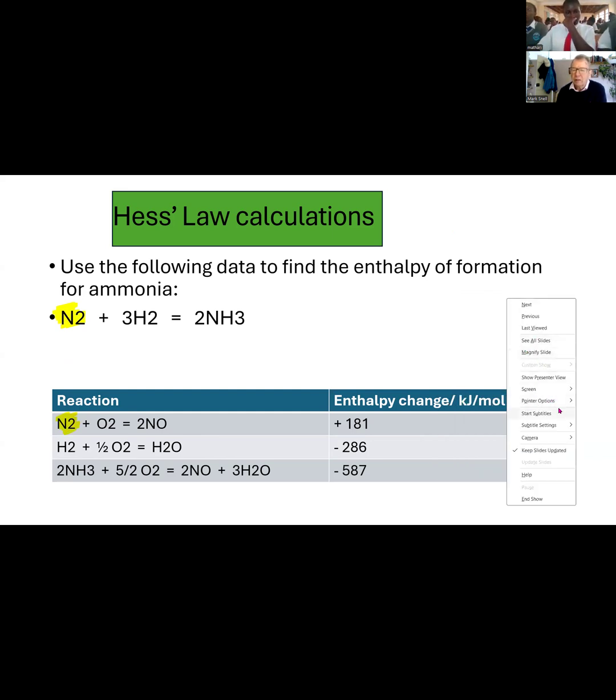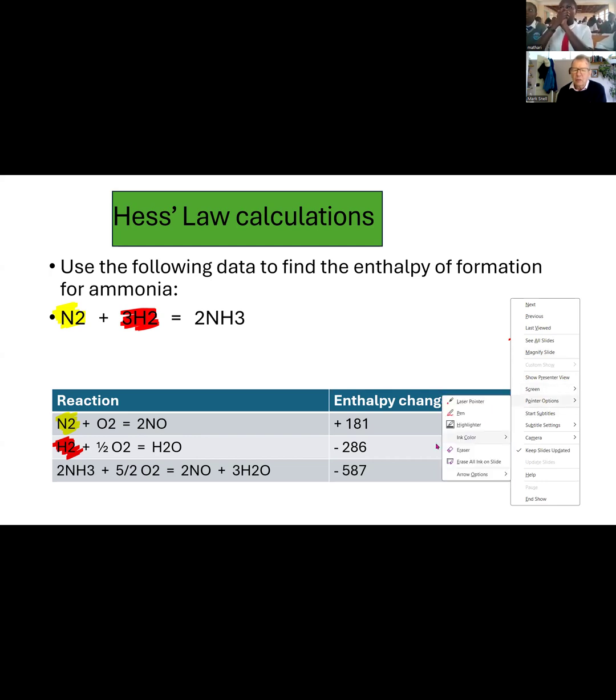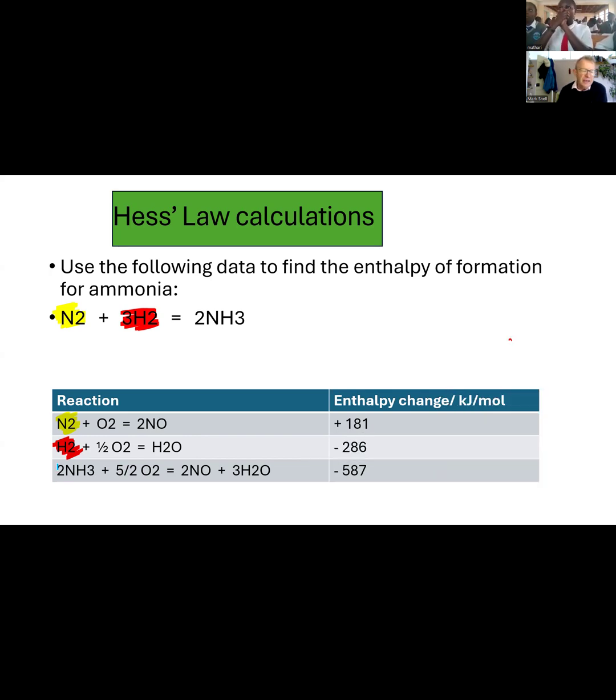Well, hang on, where is the rest of it? This hydrogen turns up in this equation here, but the ammonia doesn't. So hang on, let's try and find something else. Where's the ammonia? Oh, look, there's an equation with ammonia in there.